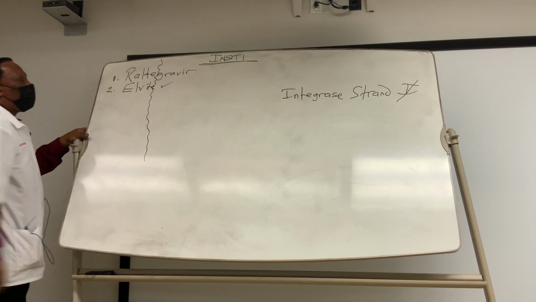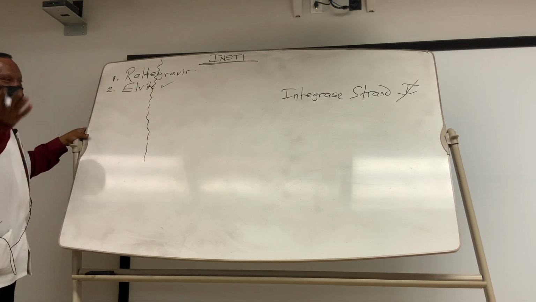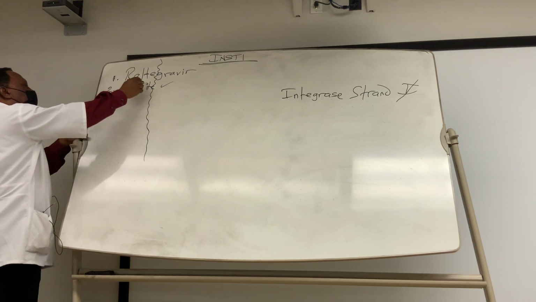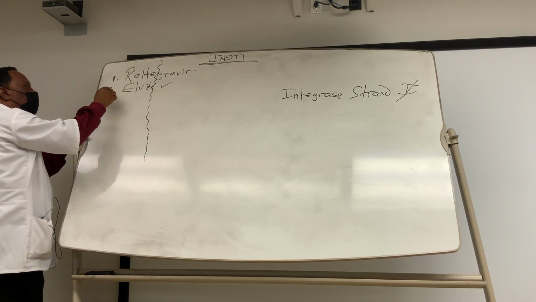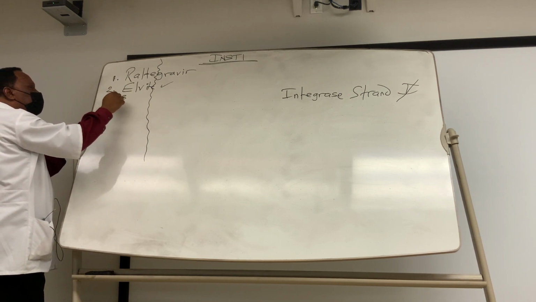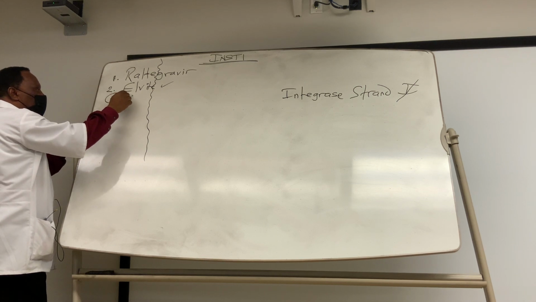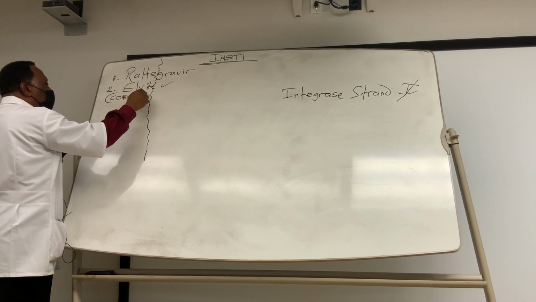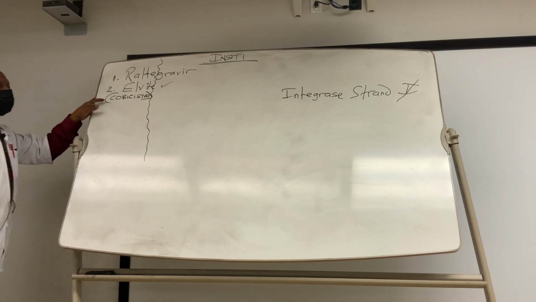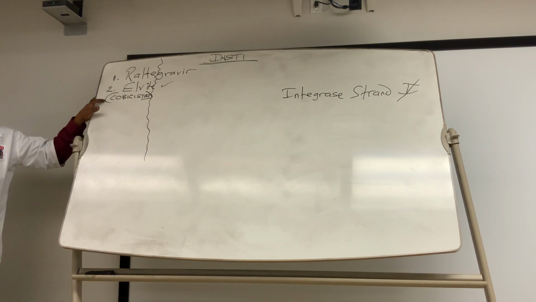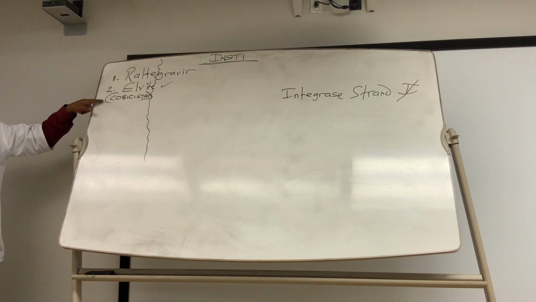elvitegravir. Okay, as in Elvis, and that is usually given with cobicistat. Cobicistat is just like your ritonavir. It's another pharmacokinetic enhancer, a booster. Okay, that's your cobicistat.